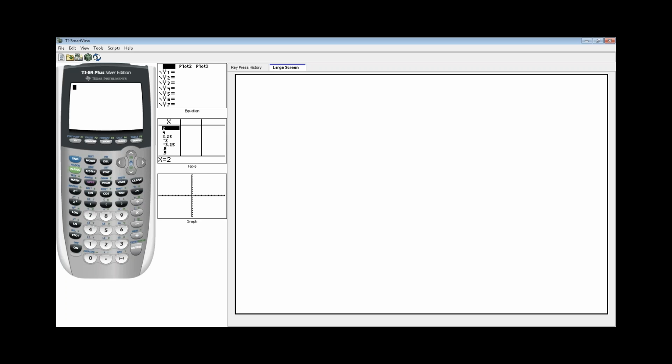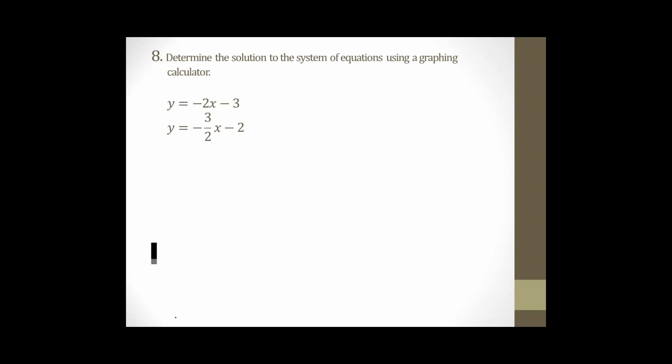Let's go back. Was it just this one? Yeah. Okay, so we had 2x minus y is less than or equal to negative 8. So I'm going to go back to, all right.